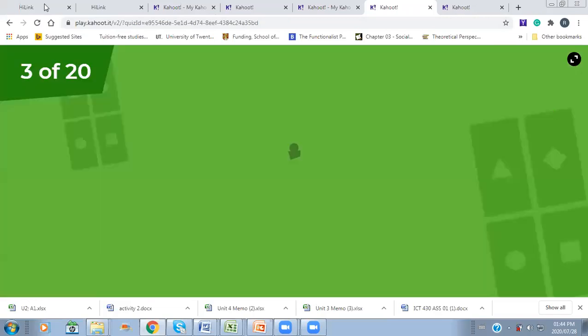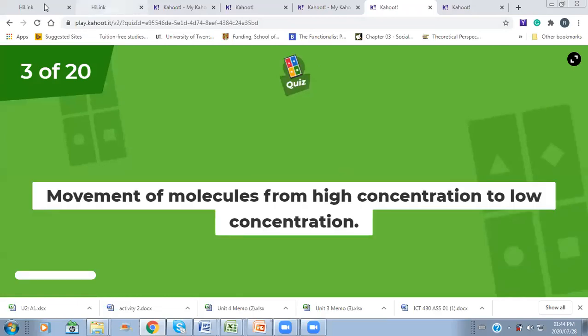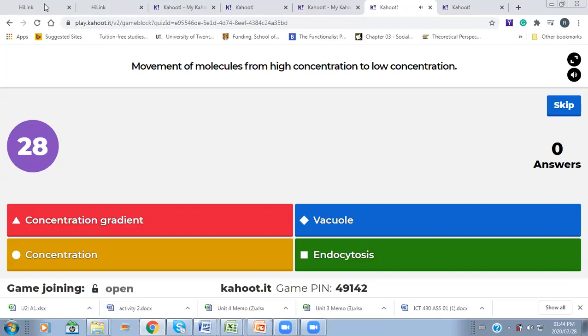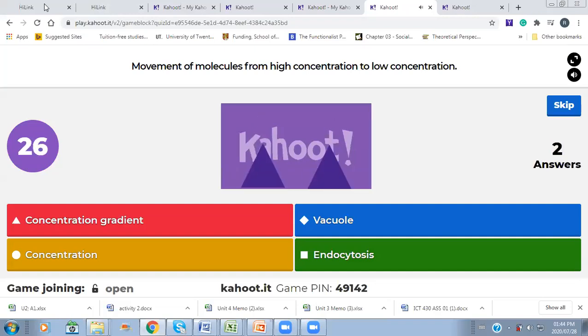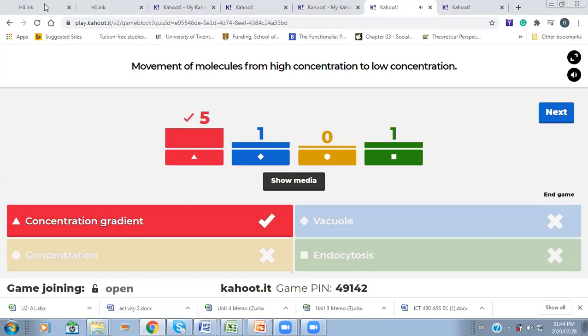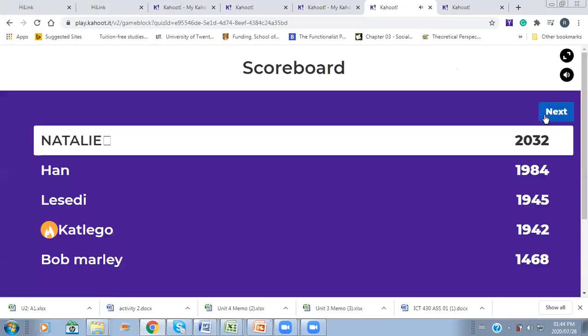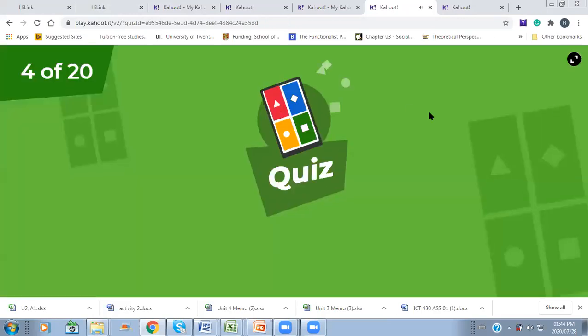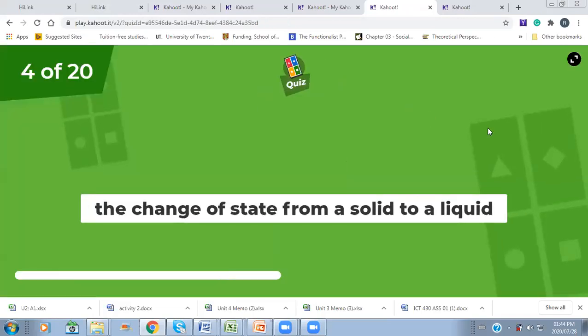Next. Okay, concentration gradient. Let's be fast. The change of state from a solid to liquid.